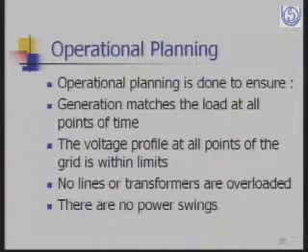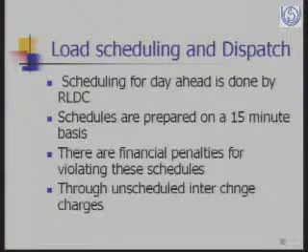So you see what the load will be ahead of time, and see that no line or transformer is overloaded. If this happens, then you try alternative paths for sending the power, and ensure that there are no power swings. Then we do load scheduling and dispatch offline.